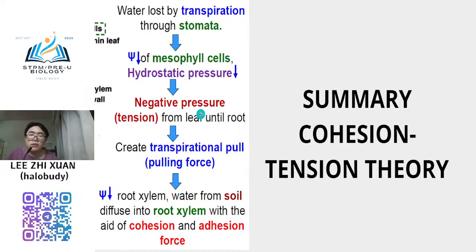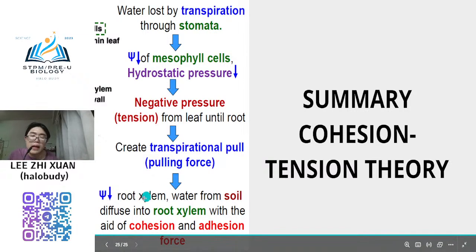So a pulling force will also occur. So the water from the soil will diffuse into the root xylem vessel, and then based on the cohesion and adhesion force, the water molecule can be pulled from the root into the leaf. So this is very basic, the conclusion that I can make.